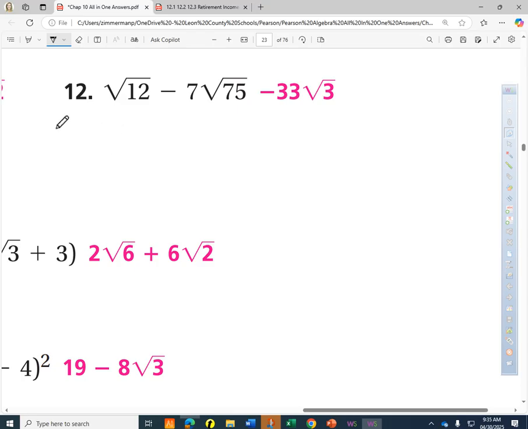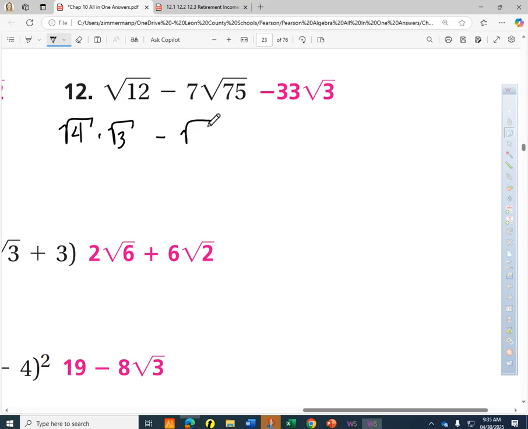Square root of 4 and the square root of 3, right. So the square root of 4 times the square root of 3 minus, what factor of 75 would be a perfect square? 3 and 25, yes.